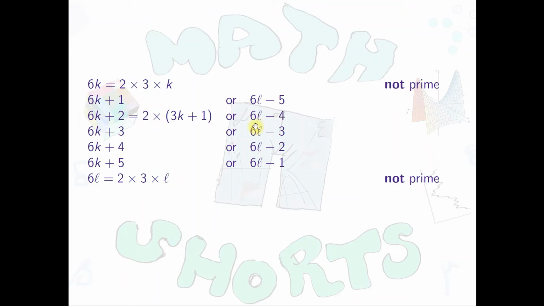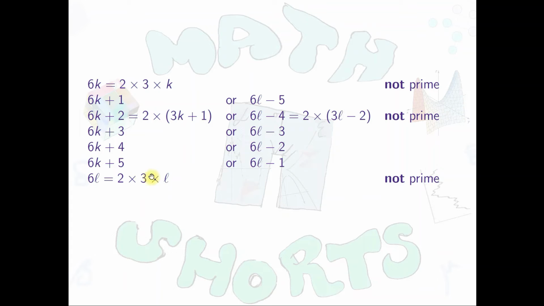Even if I wrote this as 6l minus 4, 2 goes into 6 and 4. So I can write this as 2 times 3l minus 2, which means that 2 is going to be a factor of this type of number, no matter what, as well as 1 and itself. So that's not going to be prime.